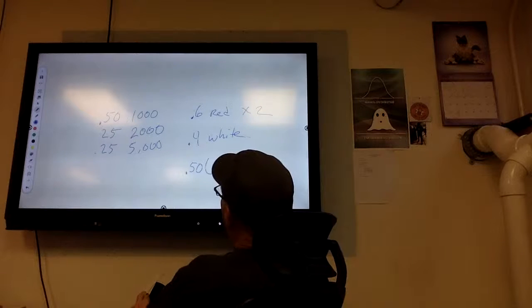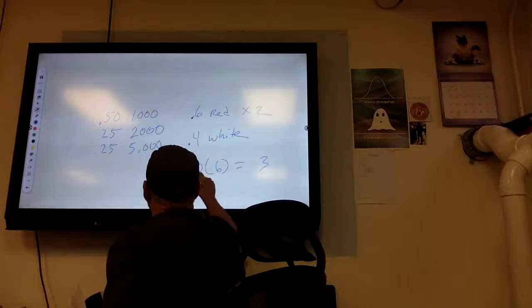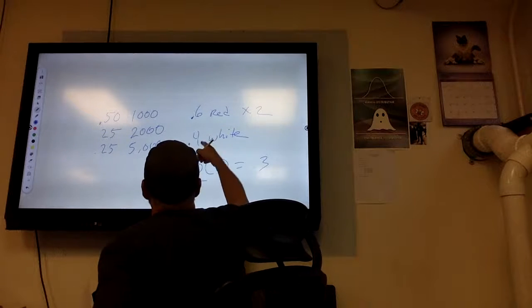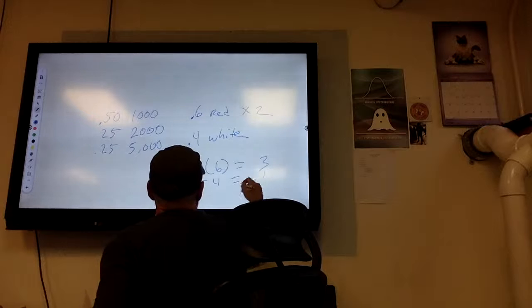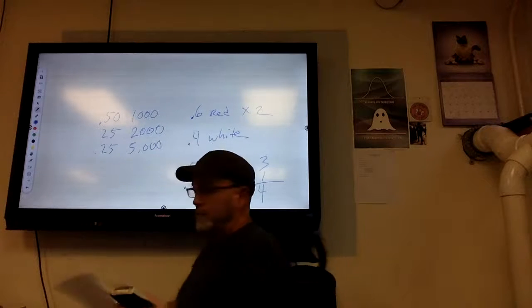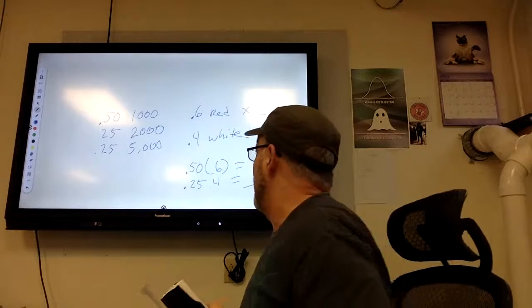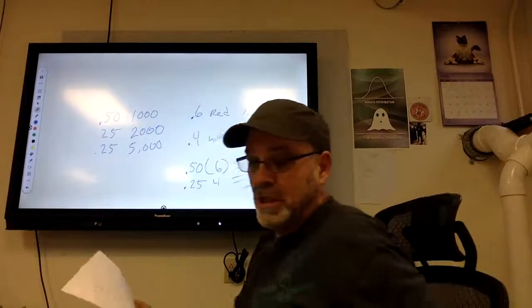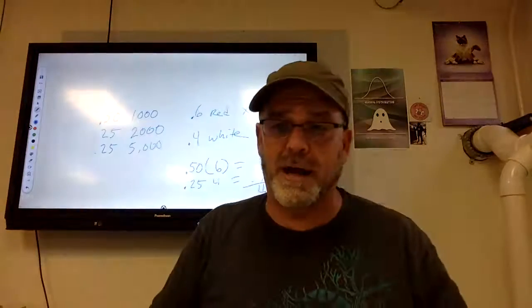Then the other way you could win it is the standard way of 0.25, 2,000 times 0.4, and that gives you 0.1. And you add the 0.3 with the 0.1, and you get 0.4, which is E, the correct answer.